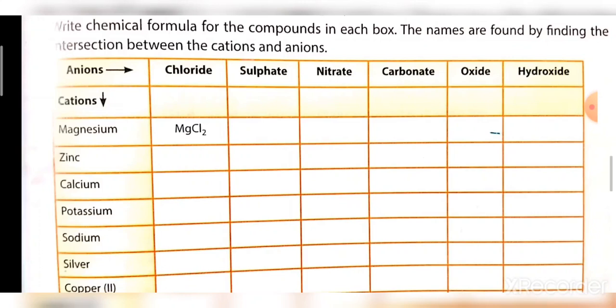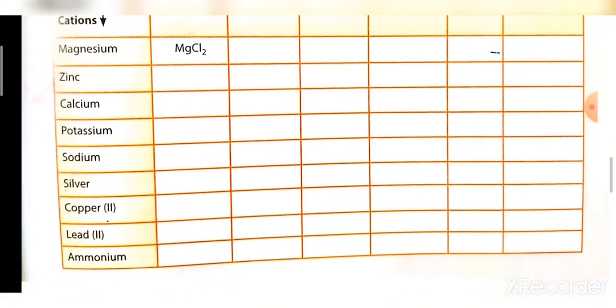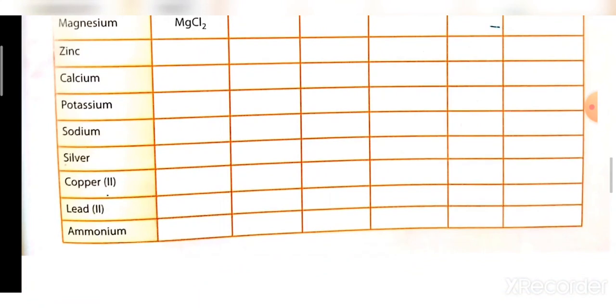The second will be magnesium sulfate, then magnesium nitrate, magnesium carbonate, like that you have to do. And next, if you go vertically downwards, then it will be zinc with chloride, then zinc with sulfate, zinc with nitrate. So all formulas you have to make and write them in this table. So this is for your practice of formula making.